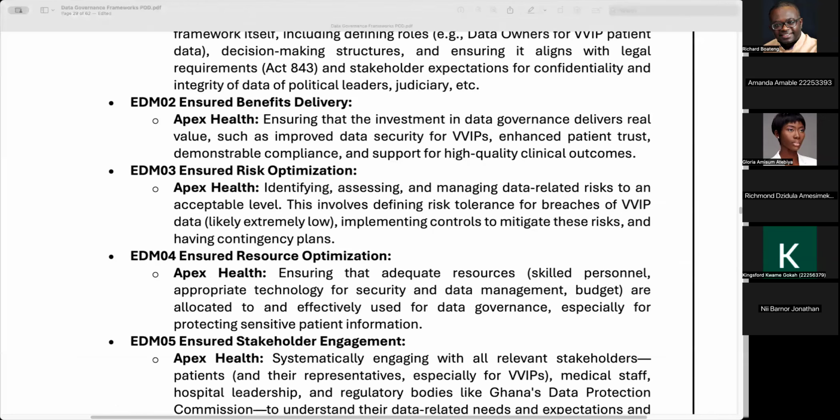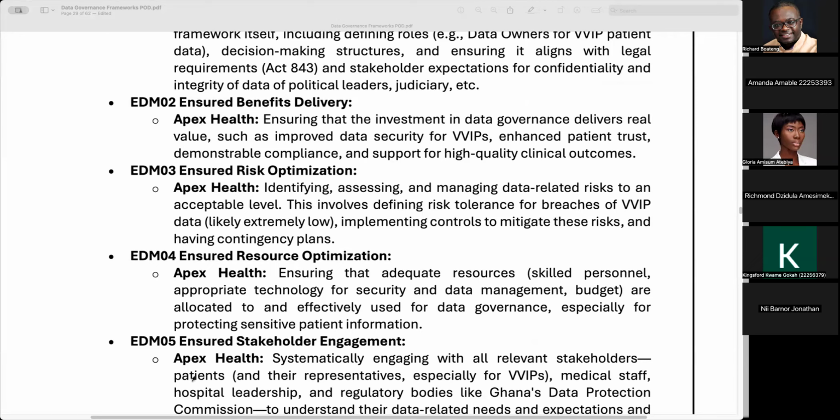It's absolutely paramount for Apex Health. This objective requires the board to ensure that data-related risks are identified, assessed, and managed down to an acceptable level. For Apex, this means defining an extremely low tolerance for risks involving VVIP data breaches.